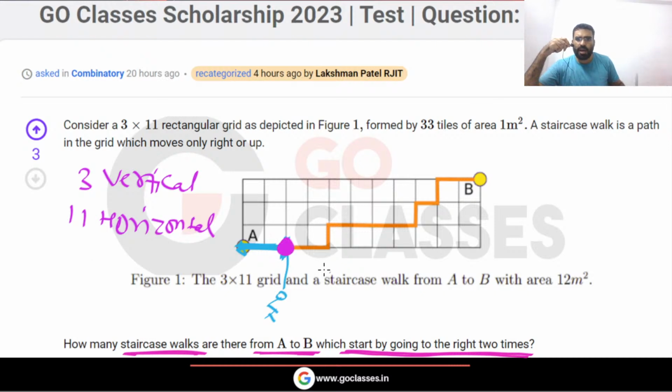From this point to B, how many horizontal steps and how many vertical steps do you have to take?